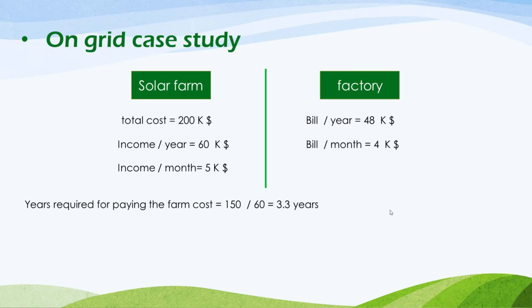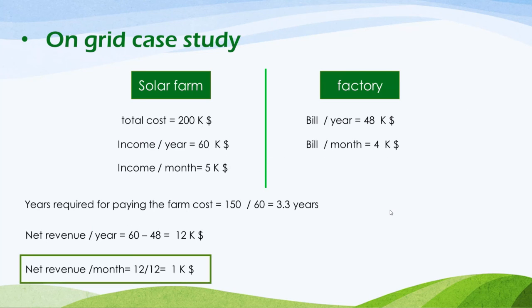And during this period, he will also be paying the factory electric bill because the income is busy now compensating the total cost. But after those 3 years, the owner will have got back the $200K, which is the cost that he had spent before. So the owner after 3 years is ready to receive money. And because the income is $60K and the money spent is $48K, the net income will be 60 minus 48, which is $12K.